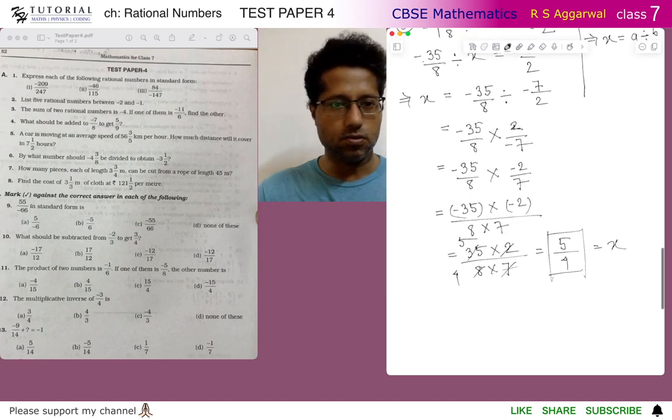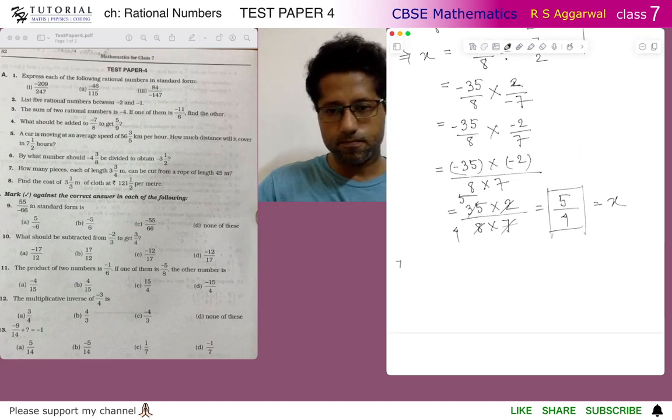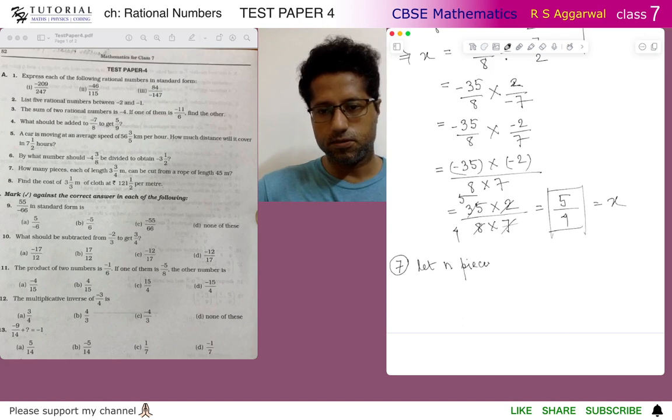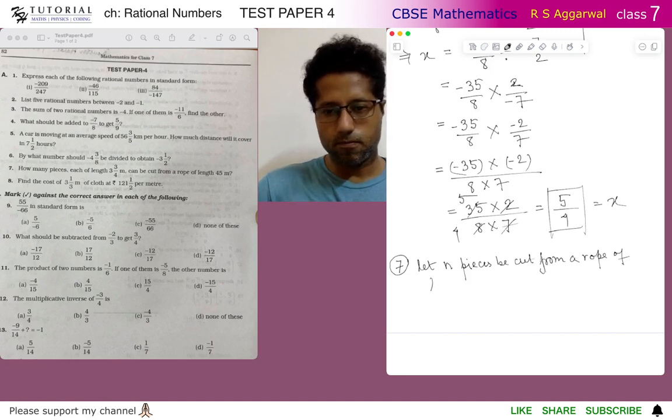Okay, let's do problem number 7. How many pieces, each of length 3 and 3 by 4 meter, can be cut from a rope of length 45 meter? Okay, how many pieces? Let n pieces be cut from a rope of length 45 meter.